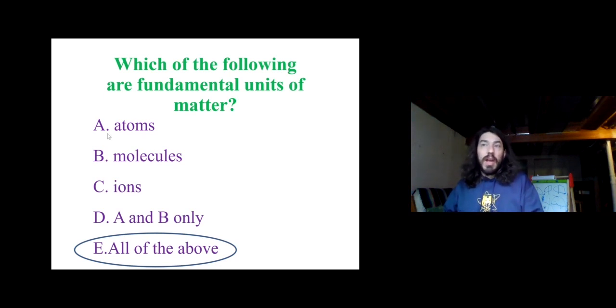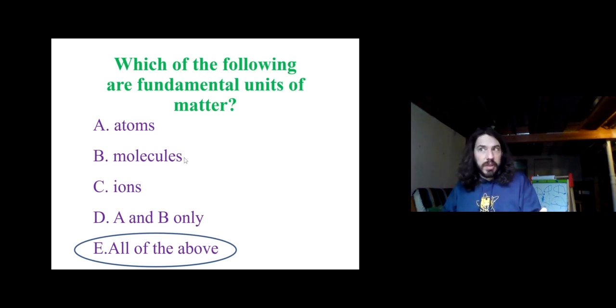Now, a lot of people, when I give this question, just choose atoms. But it turns out that matter that organizes itself as just purely atoms has different properties than matter that organizes itself as molecules and matter that organizes itself as ions. So some types of matter organize itself just as atoms.